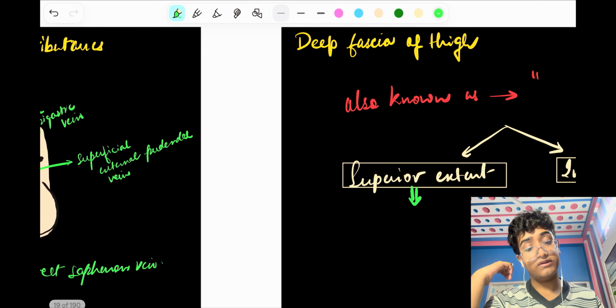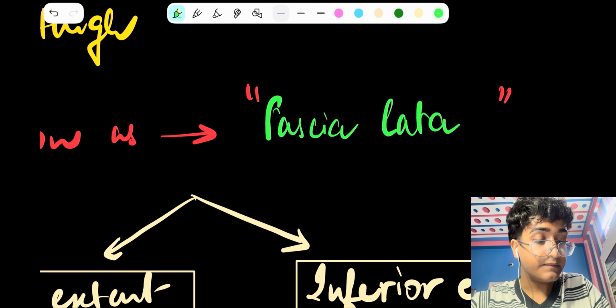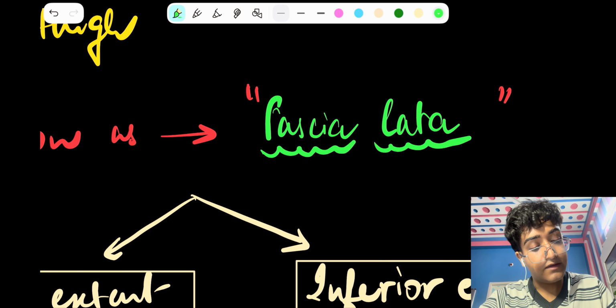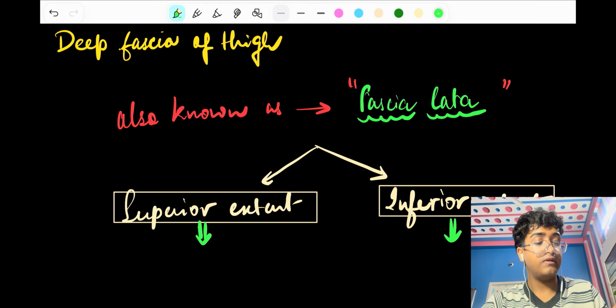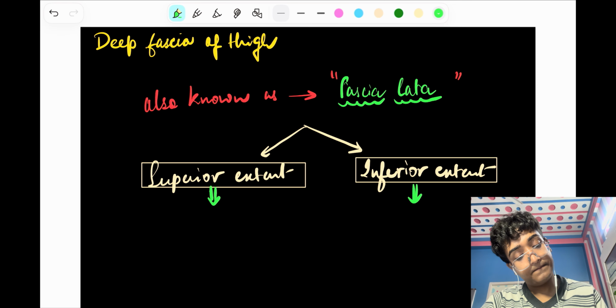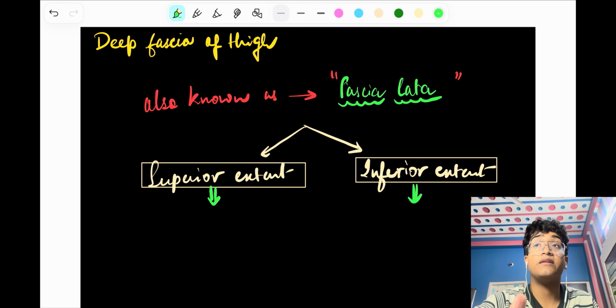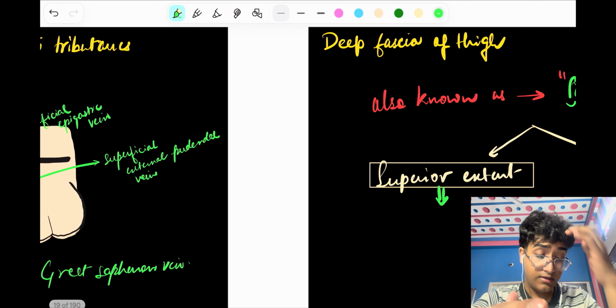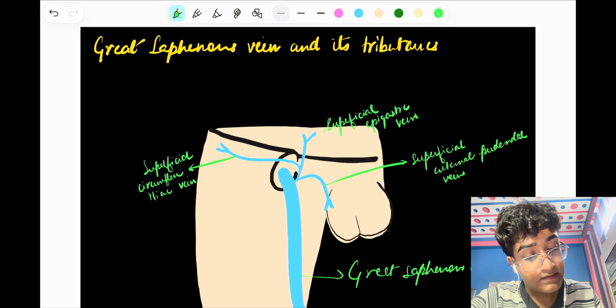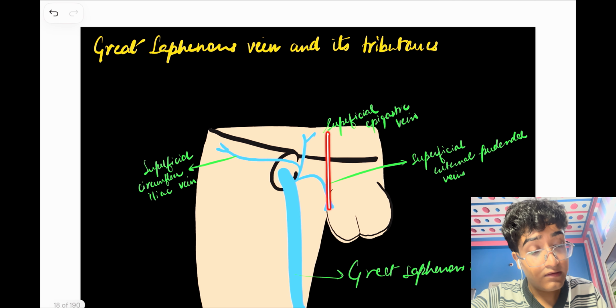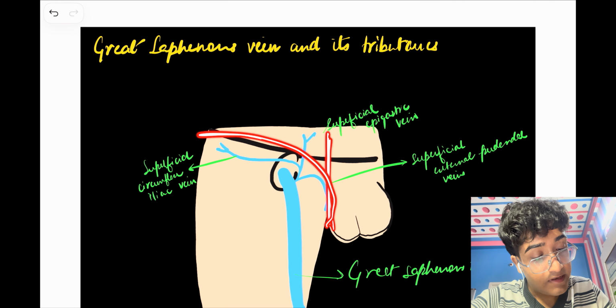Now let's go to the deep fascia. The deep fascia of the thigh is also known as fascia lata. You might have heard this name, fascia lata. So it has 2 extents. Superiorly, it is attached to the boundary line between the lower limb and the pelvis. See, this is the pelvis and this is the lower limb.